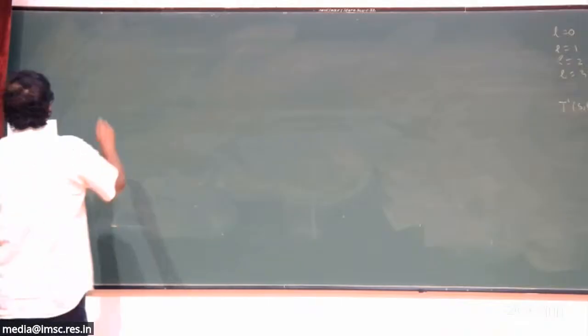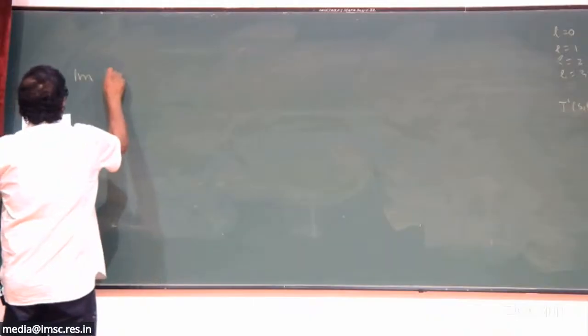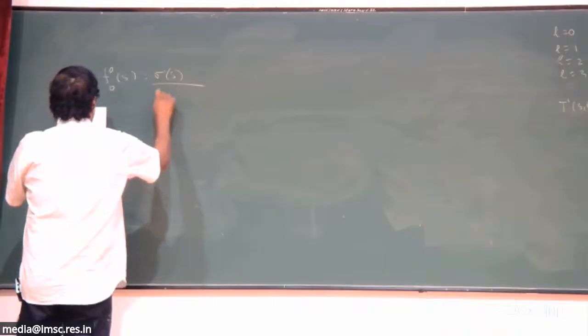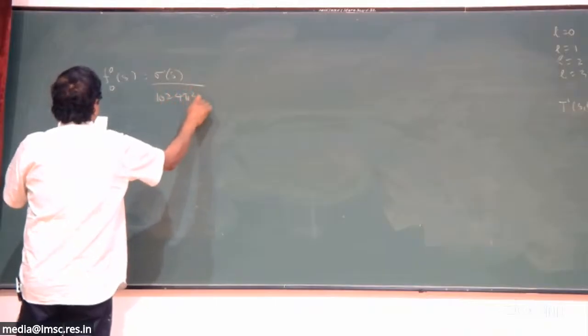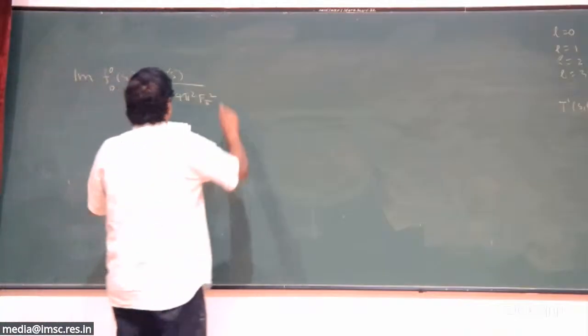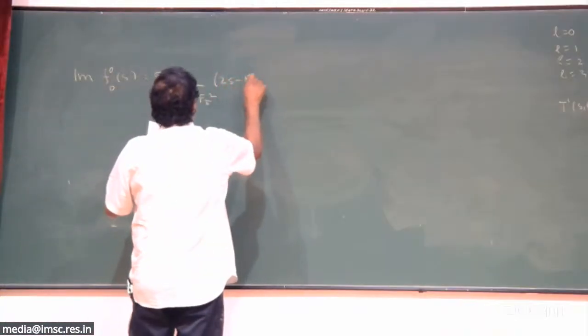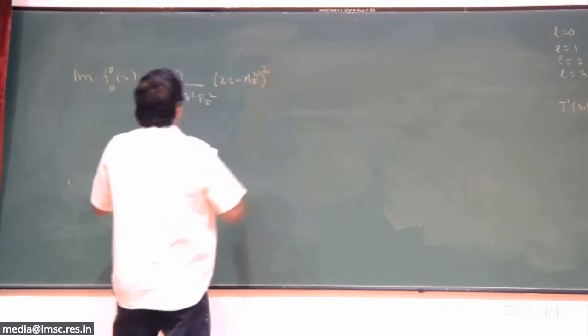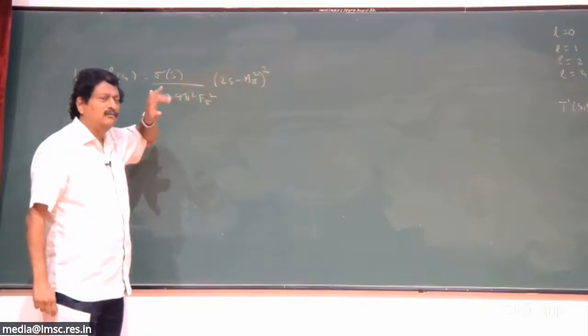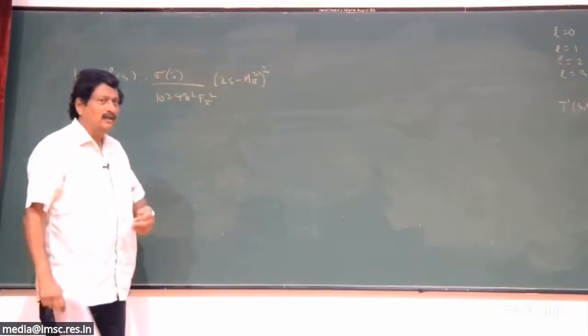And then what we have is a prediction at one loop for the imaginary part of f00(s) is sigma(s) divided by 1024 pi squared F_pi squared, times (2s minus m_pi squared) squared. Don't be scared by this 1024, it is just 32 squared. Now again, yesterday we wrote down the unitarity relation for partial waves, the Argand circle and all those things.